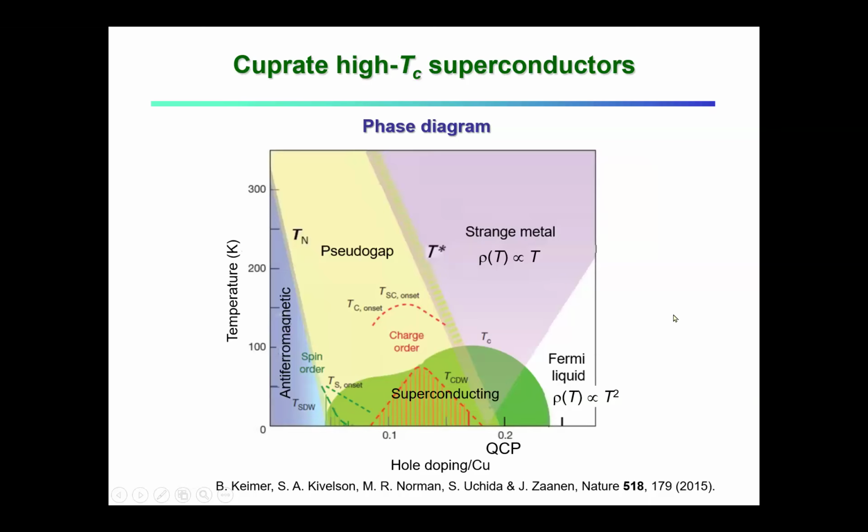So today I'm going to focus on the multilayer cuprates, and on how the TC maximum changes as a function of the layer.